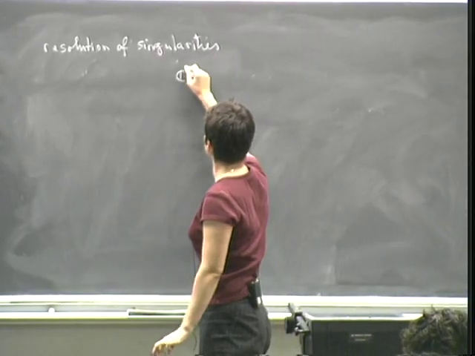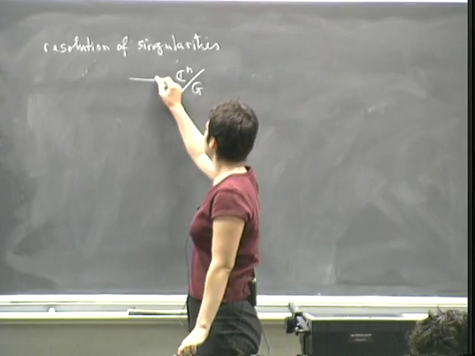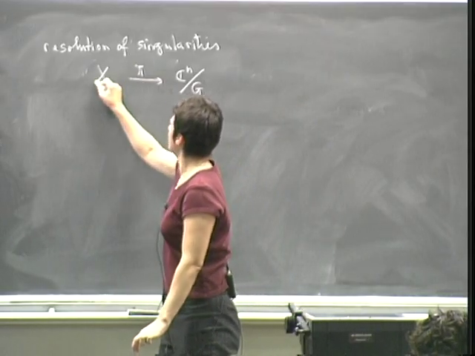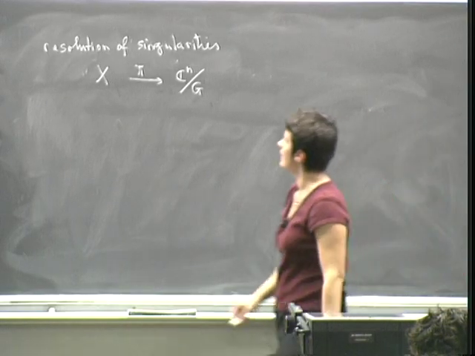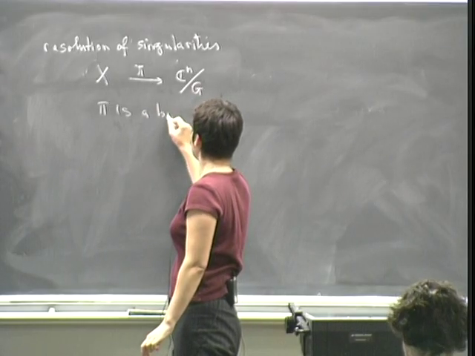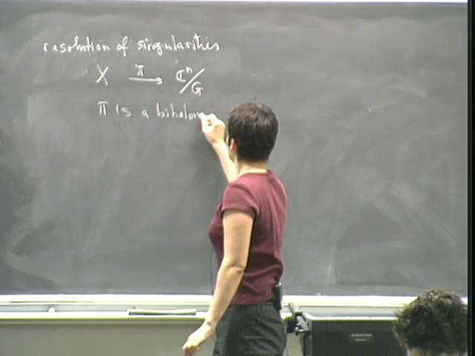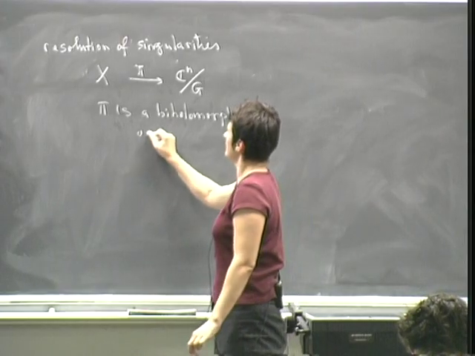You take your singular guy, C^n mod G, and you resolve it to obtain another complex manifold. And this map pi is a biholomorphism on dense open sets.